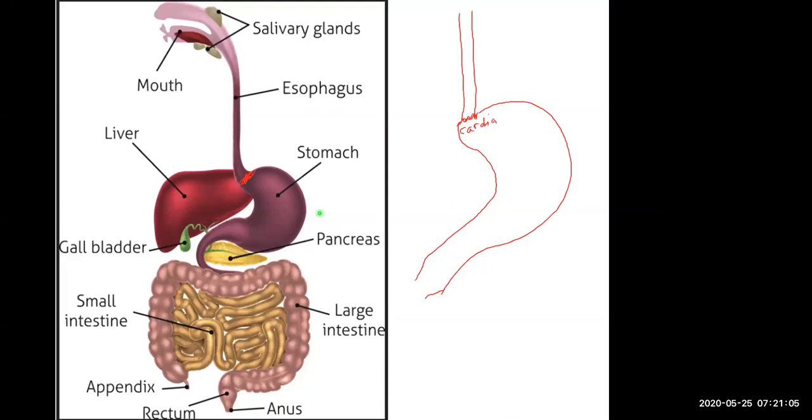This upper part here is called the fundus of the stomach. And its purpose is to store excess food. Okay, so the whole primary function of the stomach is to receive food, mix and churn that food with the secretions of the stomach.